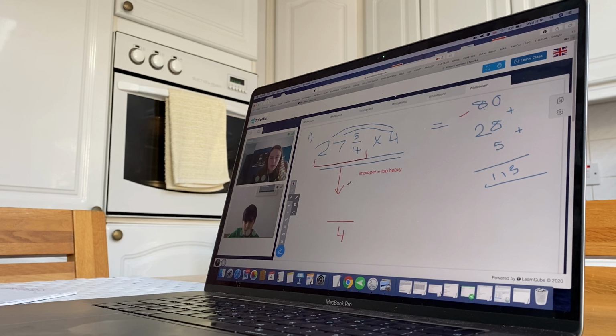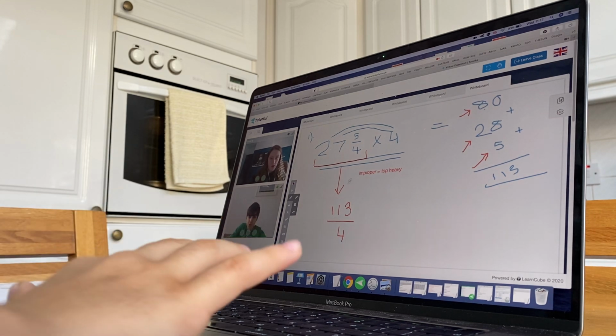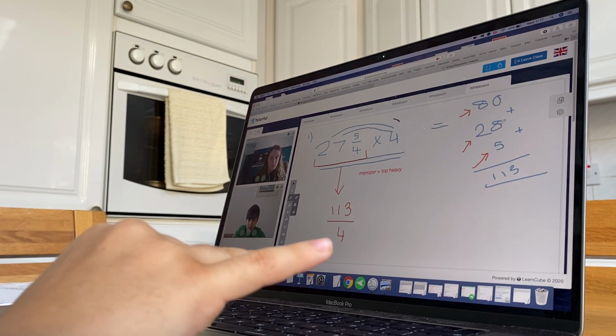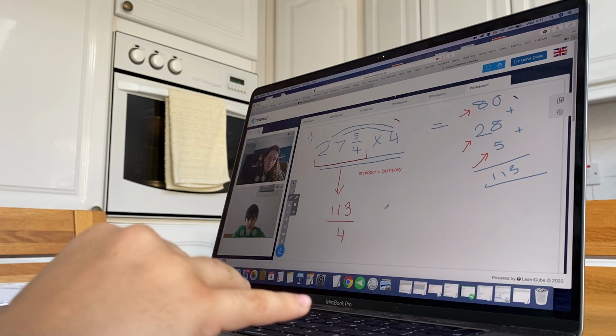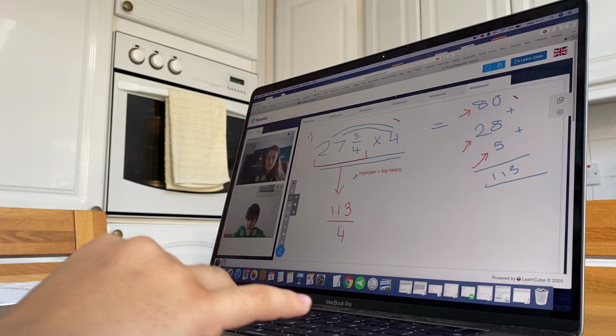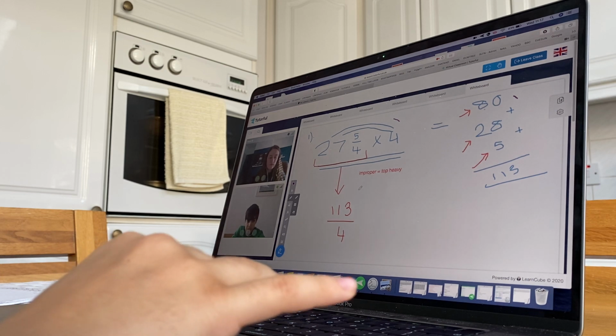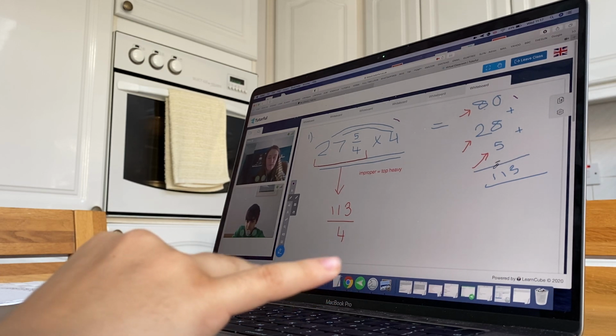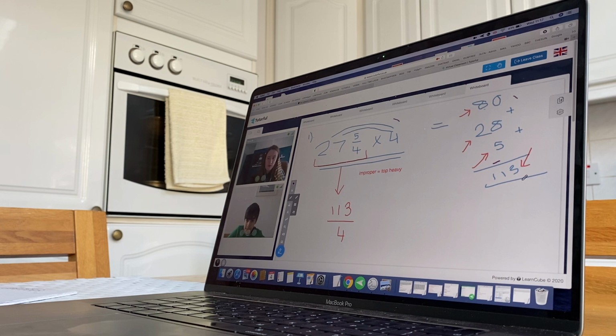Well, luckily we did all that over here, didn't we? So actually this converts straight into 113, because we have 27 lots of 4 plus a 5. So if a question says first do this one, and then this one, and for question B it says convert to an improper fraction, you can just use the answer that you got, because we've already done the hard work.